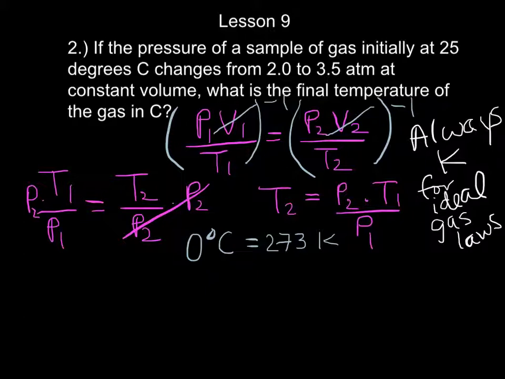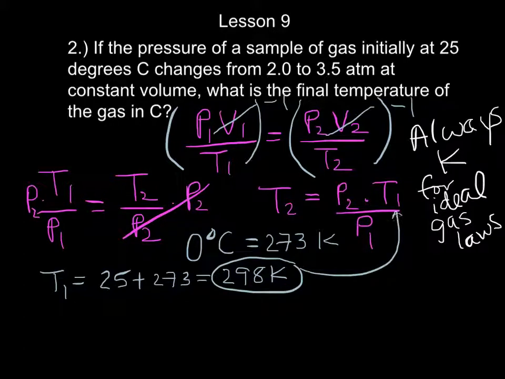We need to add 273 to 25 to convert Celsius into Kelvin. So our T1 is going to be 25 plus 273, which is 298 Kelvin.